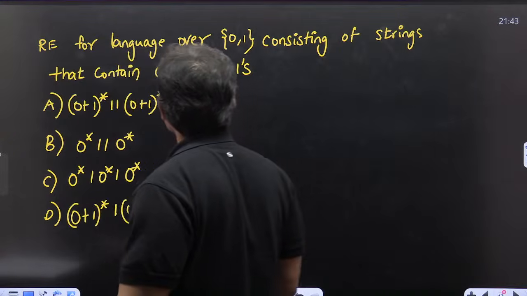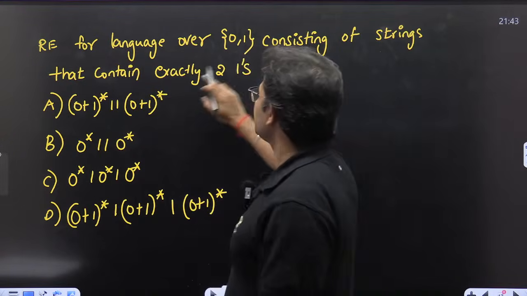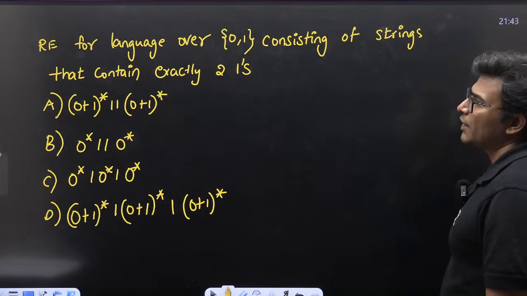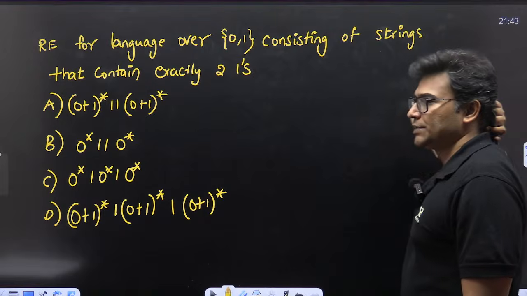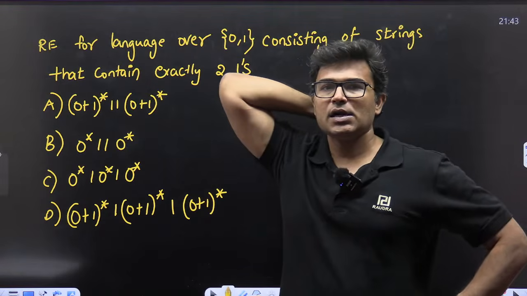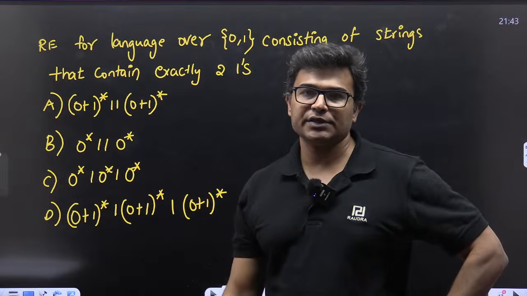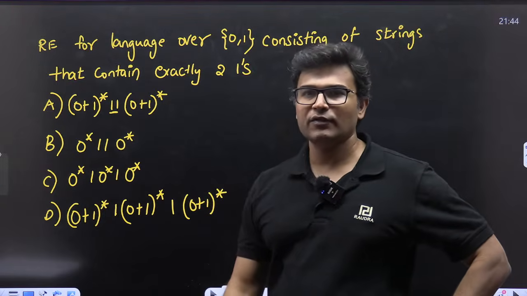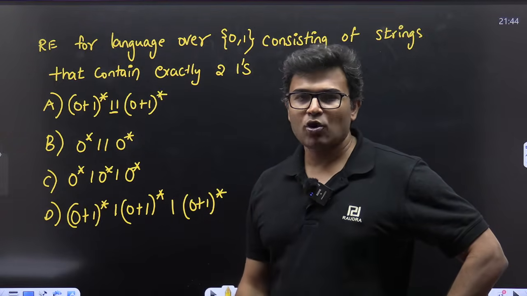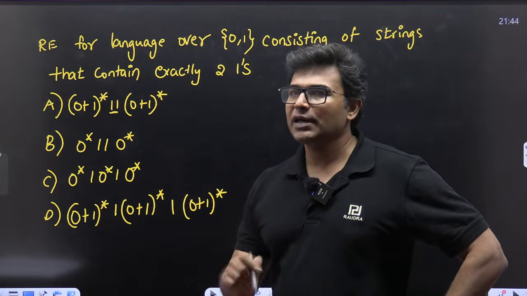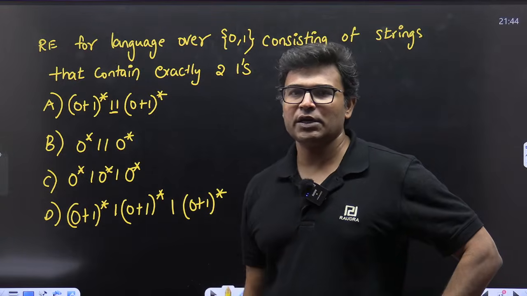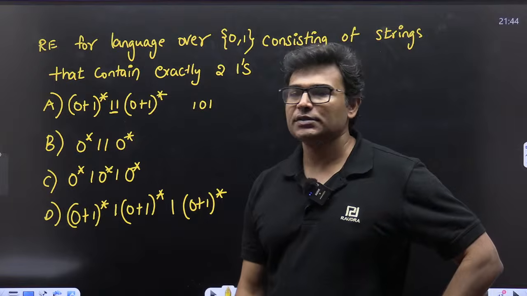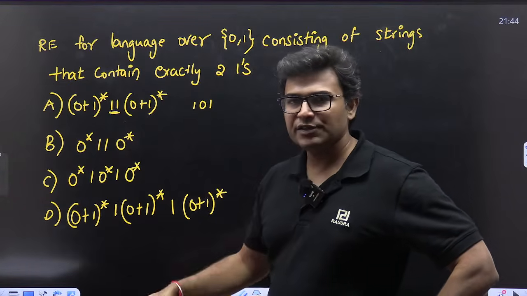Okay. So regular language over 0 comma 1 consisting of strings that contain exactly two ones. There should be exactly two ones is what they are asking, right? Now let's check this. The minimum string that I will get is 1 1. The problem is, if there are exactly two ones, there can be a 0 in the middle, but there is no way I can generate 101, because if I generate two ones, this is the only way.